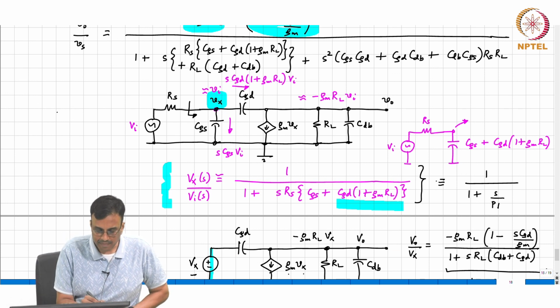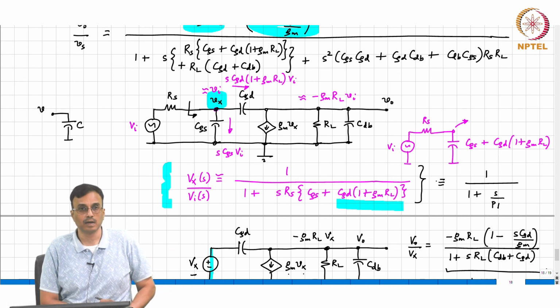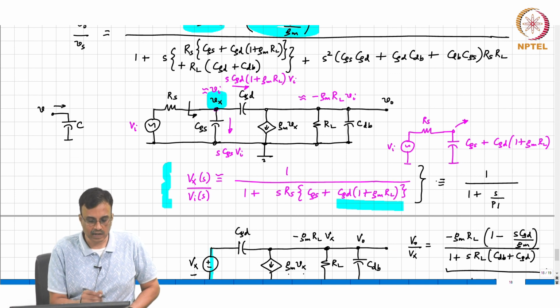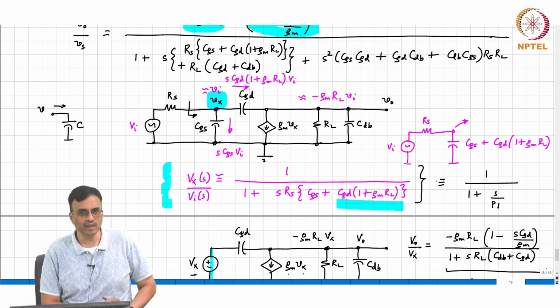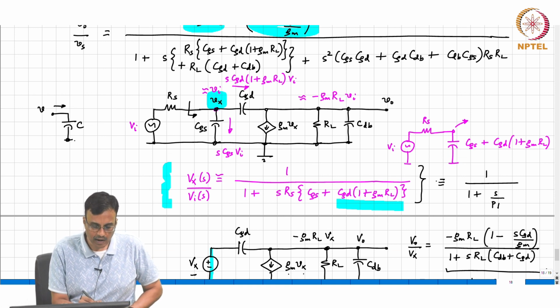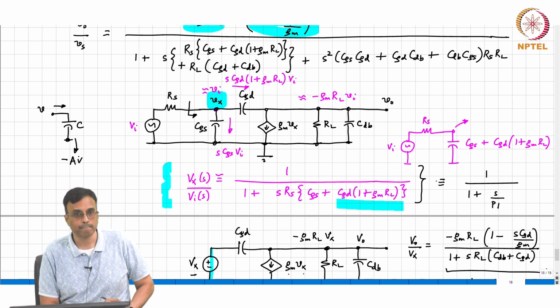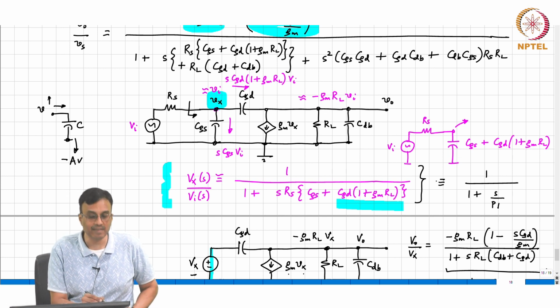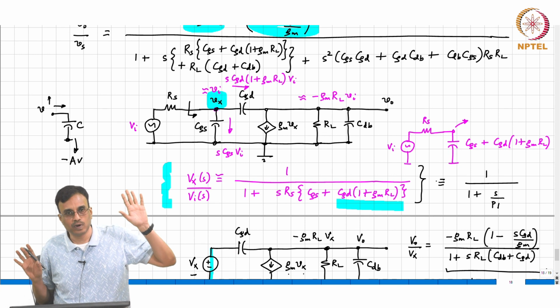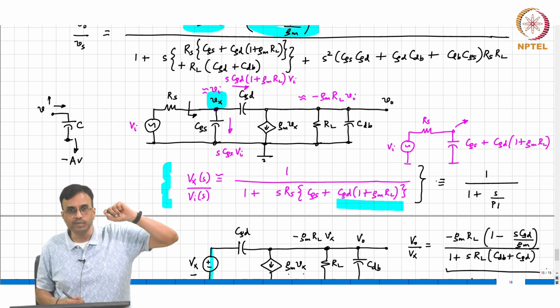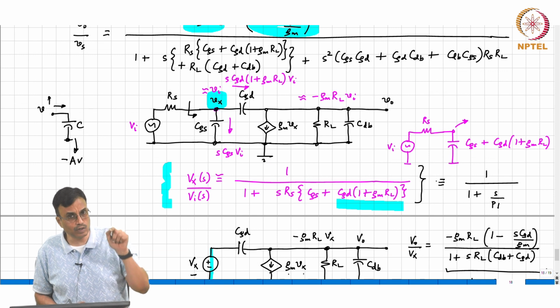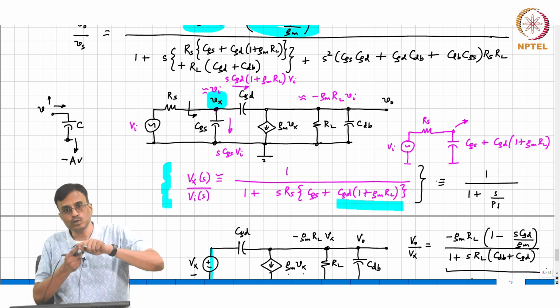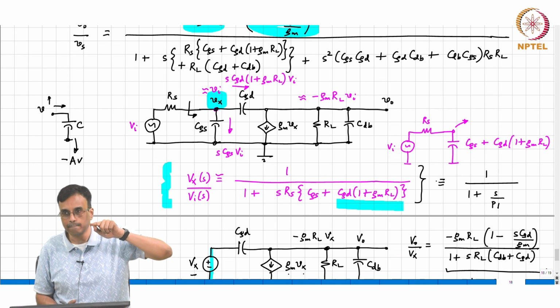If you have a capacitor C and you apply a voltage V, correct? The looking-in current flowing is S times C times V. But if the other side is moving in the opposite direction, as if this voltage is minus AV, then this voltage is only moving by V, but the other plate of the capacitor is going down A times V. So the net voltage across the capacitance, even though you have applied only V, is 1 plus A times V. All right.